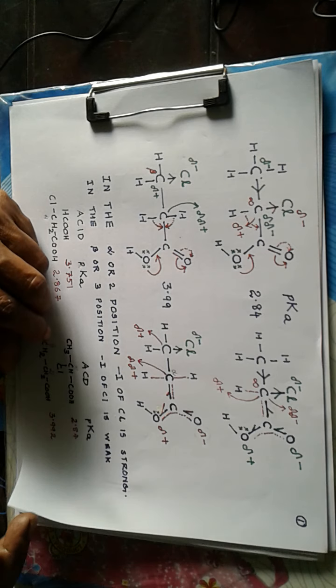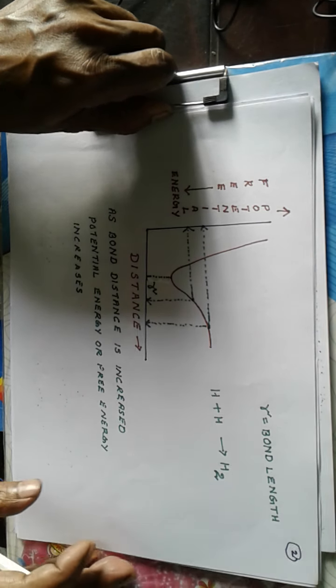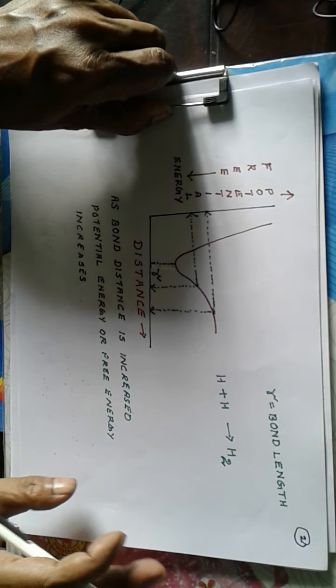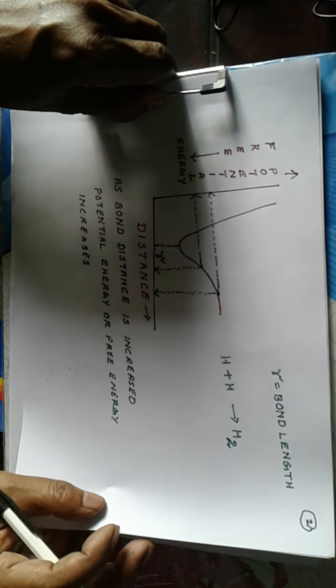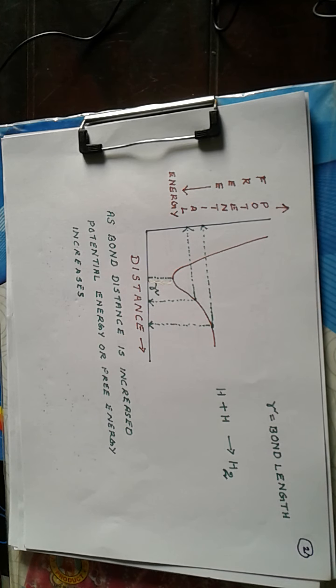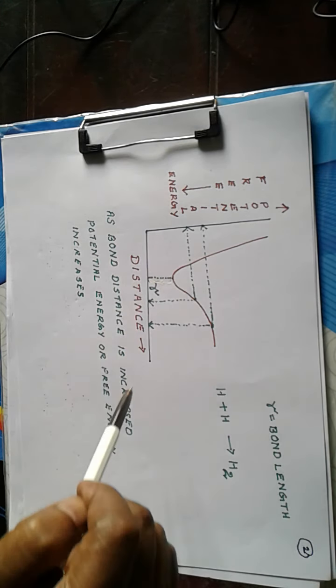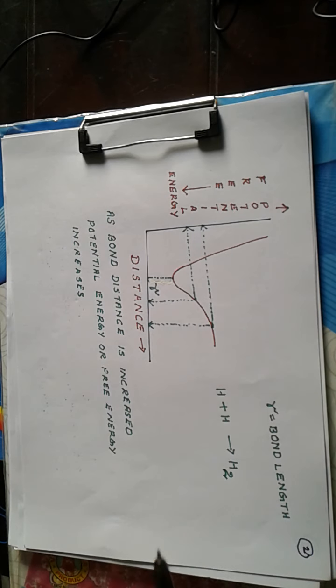Now coming to another part. Consider the formation of a hydrogen molecule. Now the potential energy or free energy diagram for the formation of a hydrogen molecule is like this.